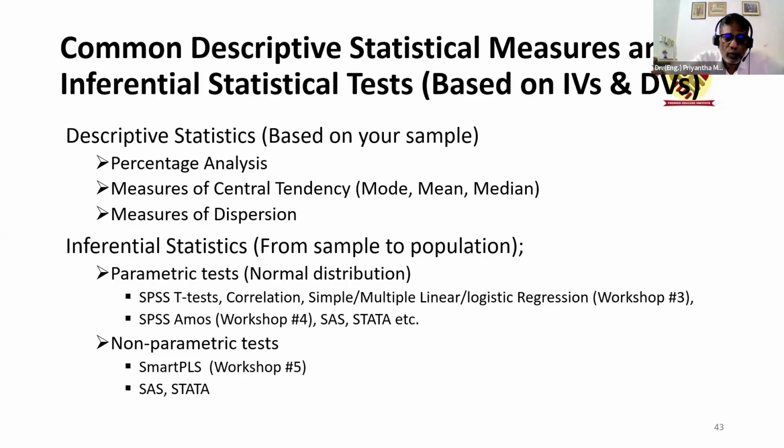So that is descriptive analysis, describing based on your sample. Inferential means based on your sample, you are going to infer about the entire population, predict, forecast from sample to population.